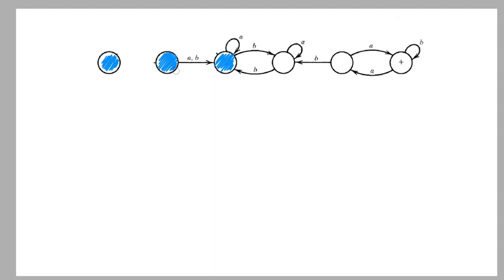Then, repeat the steps until we can't paint any more blue states. In this example, since none of the final states are blue, this means that this machine does not accept any words.